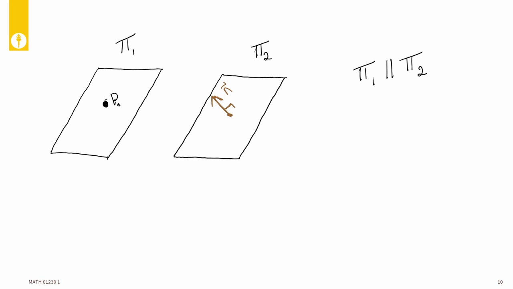We need a normal vector for pi 1. Call that normal vector 2. It doesn't necessarily have to be a unit vector. It just has to be normal.